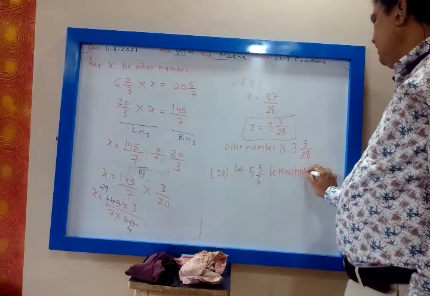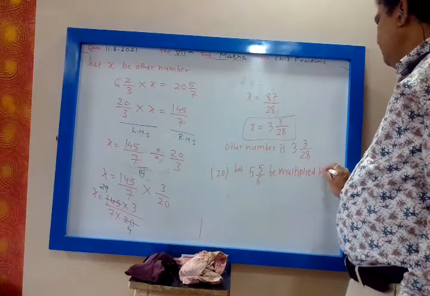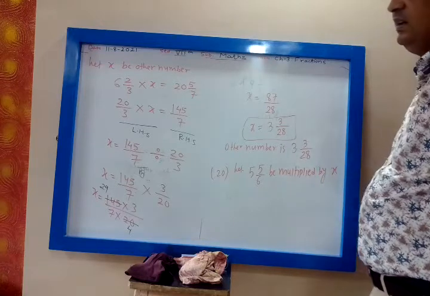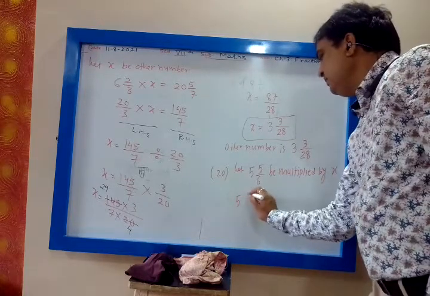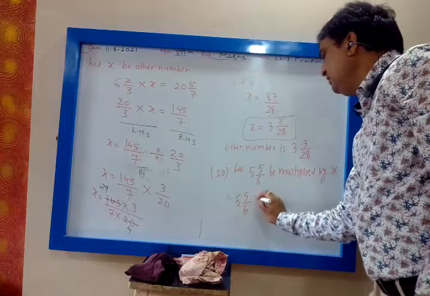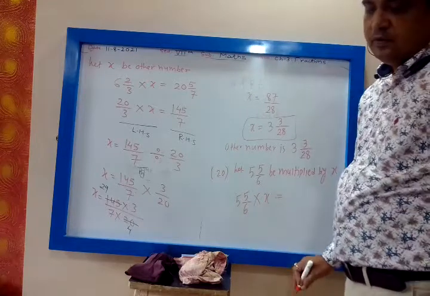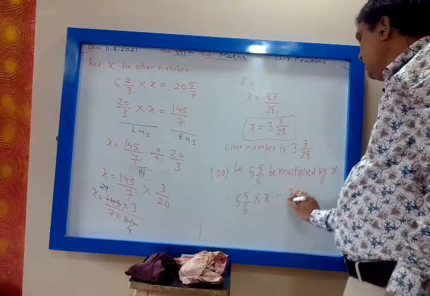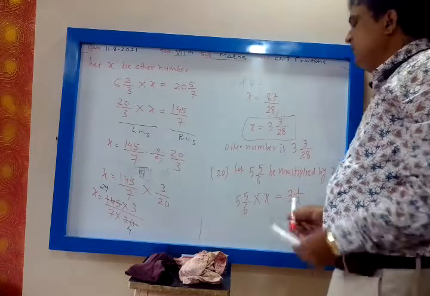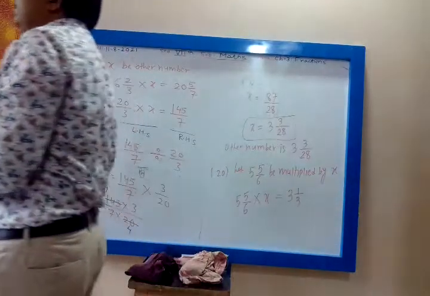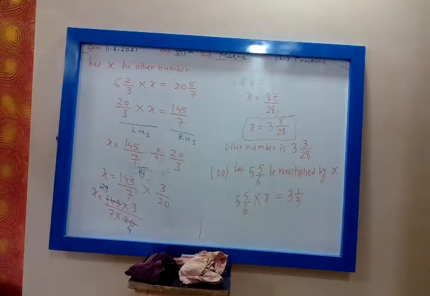When we multiply 5 is to 5 by 6 by x, we get 3 is to 1 by 3.